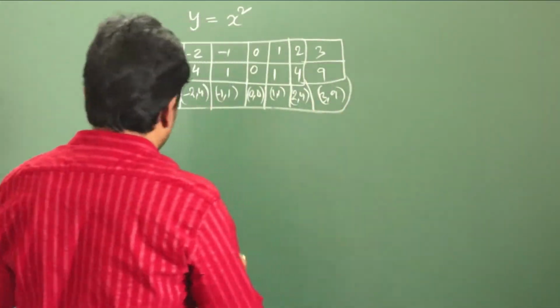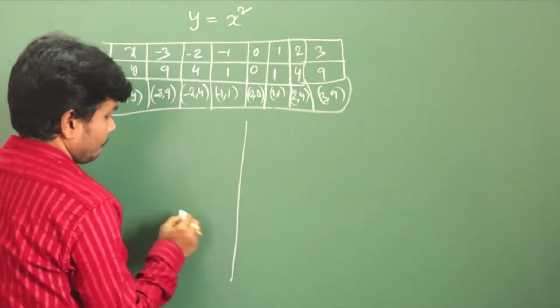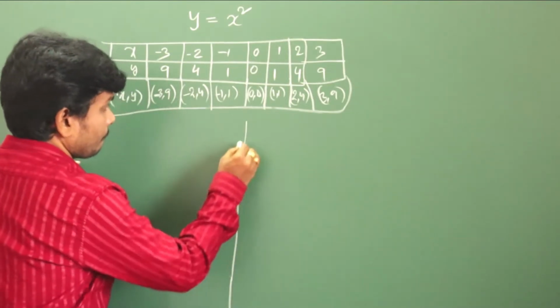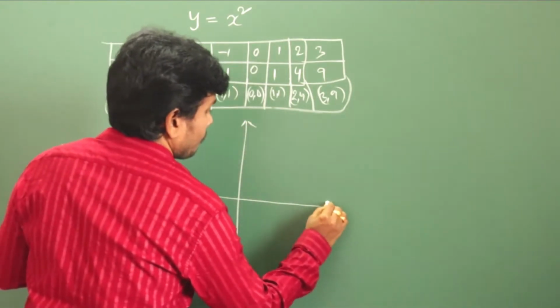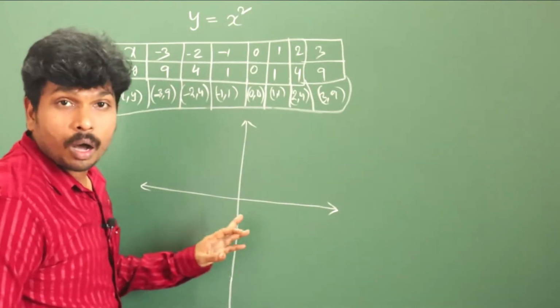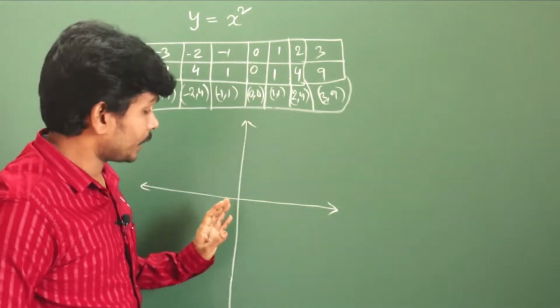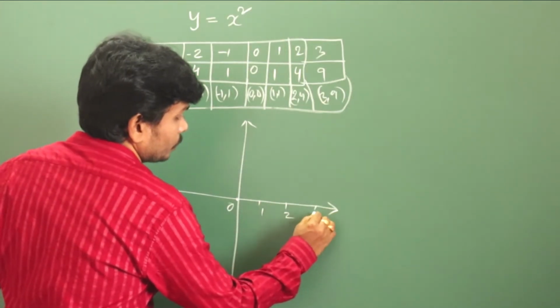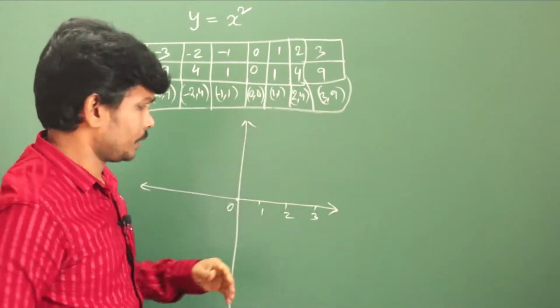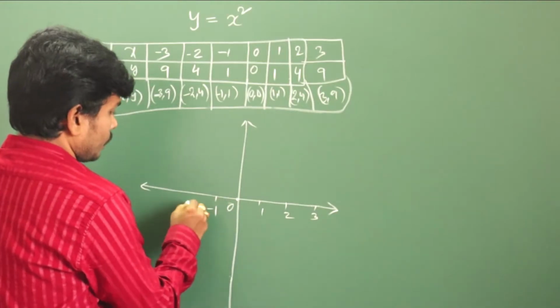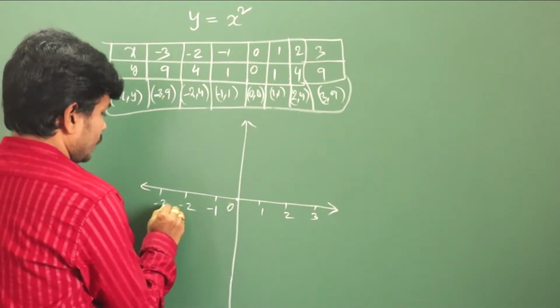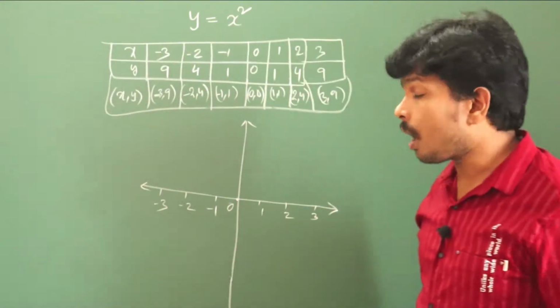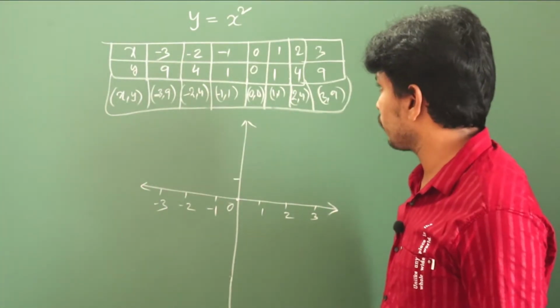I'm drawing the graph. On the x-axis, the scale I am taking is 0, 1, 2, 3, and this continues indefinitely. Here minus 1, minus 2, minus 3. On the y-axis, shall we take 2 units?